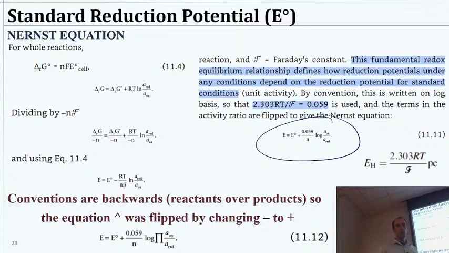And we simplify that R, so the 2.303 RT divided by F, we can just simply calculate that into 0.059. So that's why we get this, or it shows up in our other book like this.